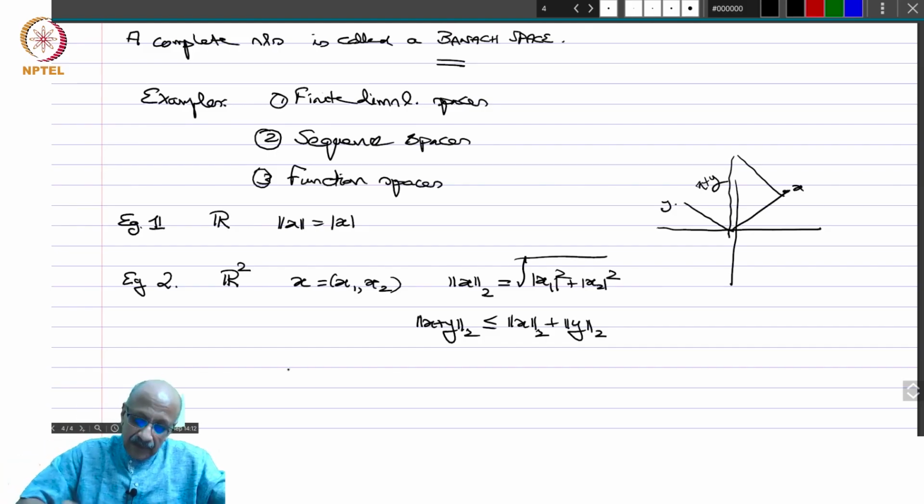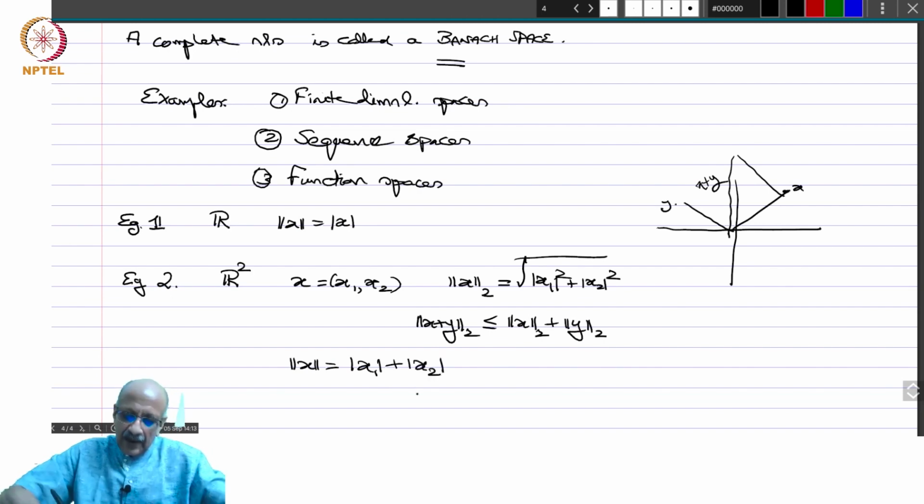We can give one more norm on R2, say norm x equals mod x1 plus mod x2. And in this case, it's even easier to check the triangle inequality because it just comes from the triangle inequality of the modulus.